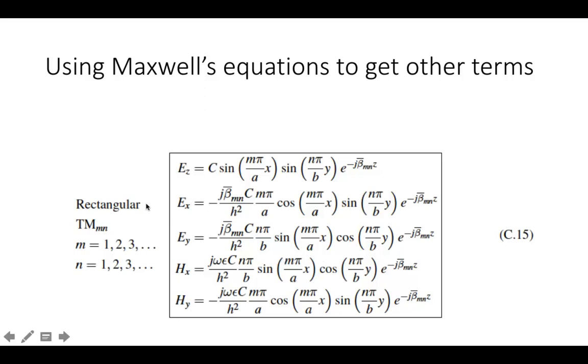So we can't have a TEM mode, because a TEM mode would be when we had a 0 and a 0. That would mean that all of the fields would go to 0. So in a rectangular waveguide, you do not have transverse electric magnetic fields. That's the key difference between it and the parallel plate waveguide, which means that in a rectangular waveguide, you will always have a cutoff frequency.